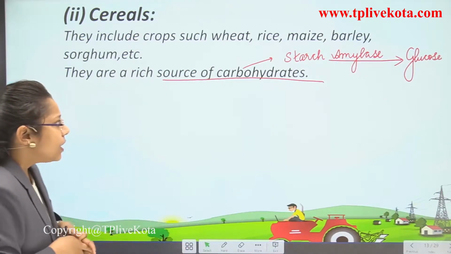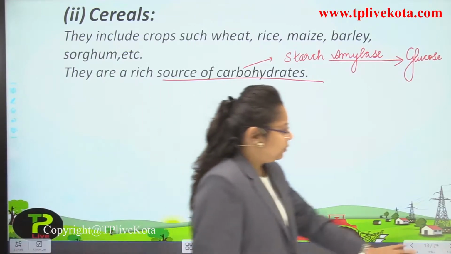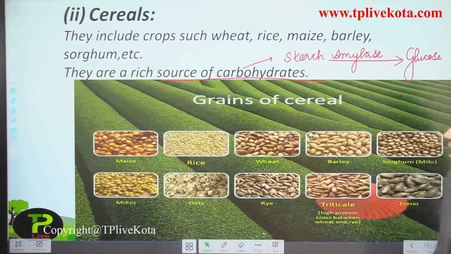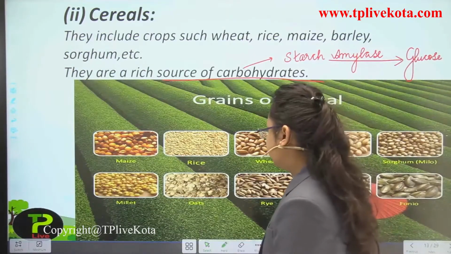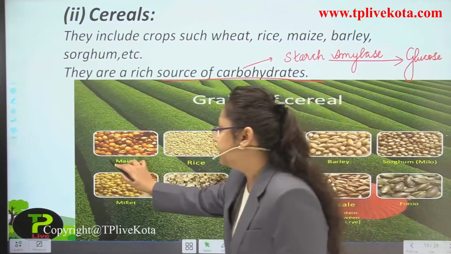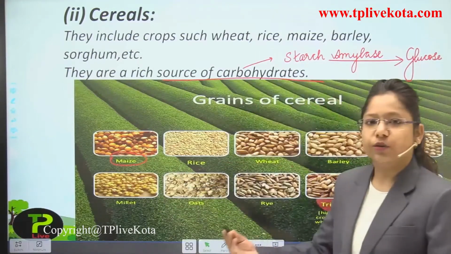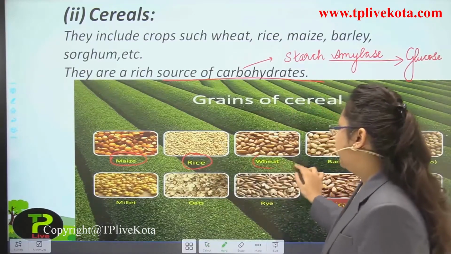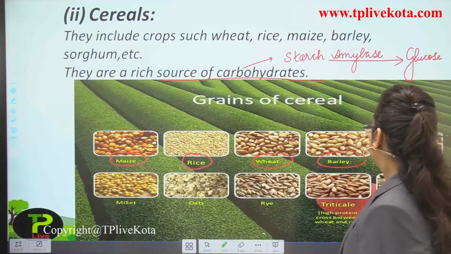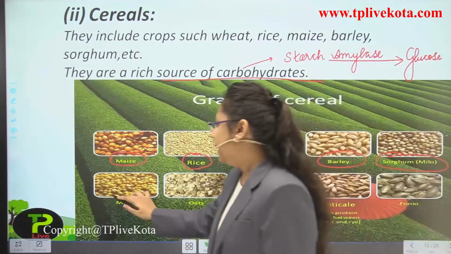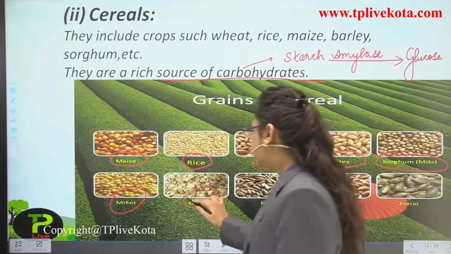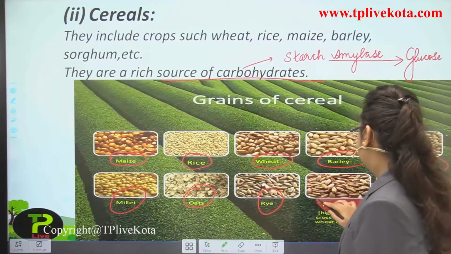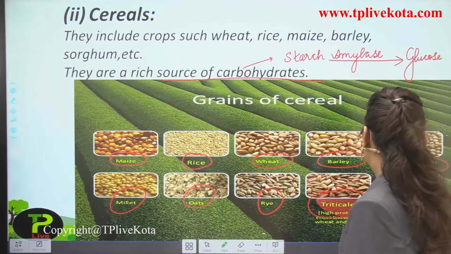Now if you see here, these are the grains of cereals. Now you can see here the maize. It is also known as makka in Hindi, and rice, wheat, barley, sorghum, millets, oats, rye, triticale, fonio.